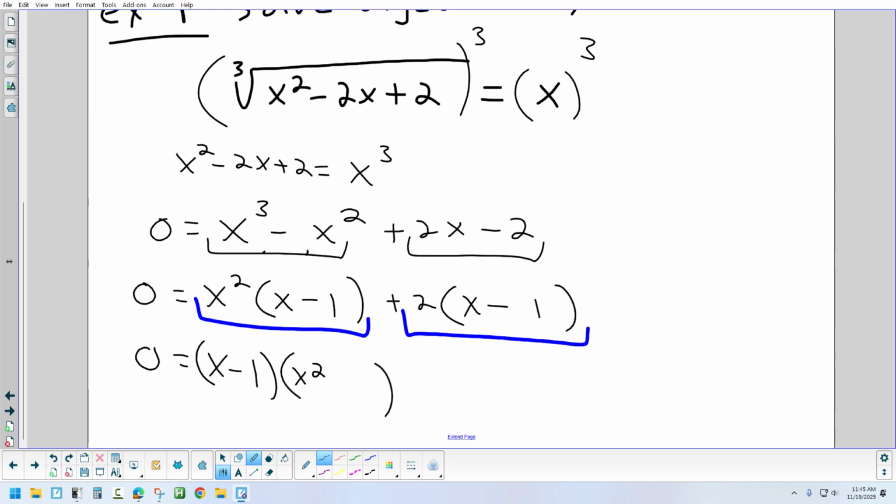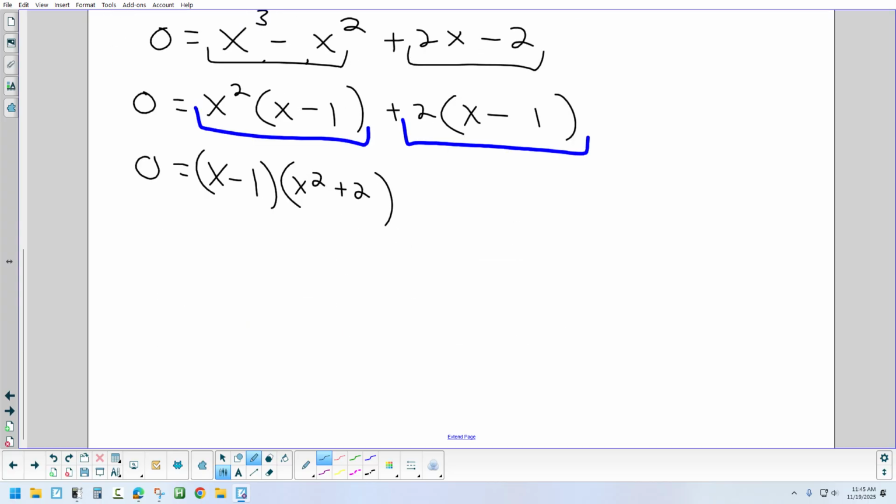And what if you take the x minus 1 out of the second one? Plus 2. So now we've got two factors equal to 0. What do we do with each factor? Set them equal to 0. So take the first factor, set it equal to 0, and the second factor.